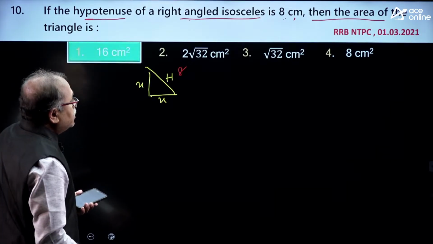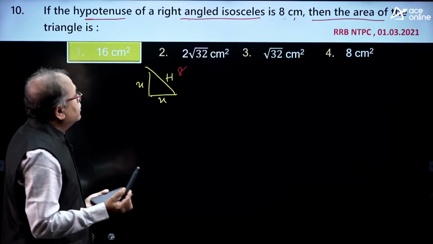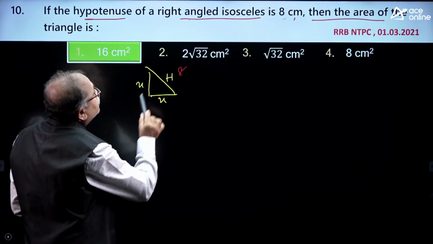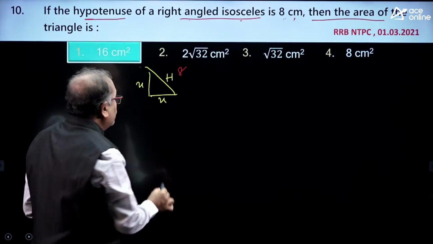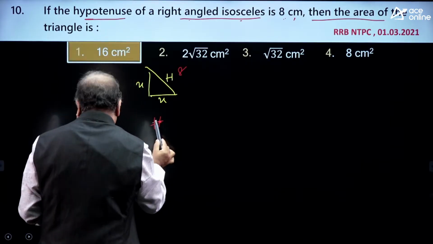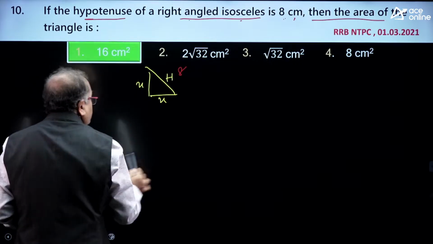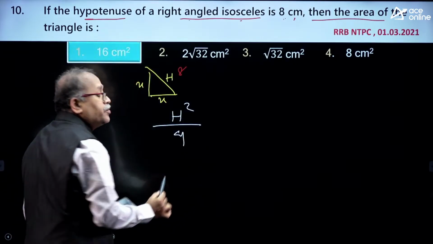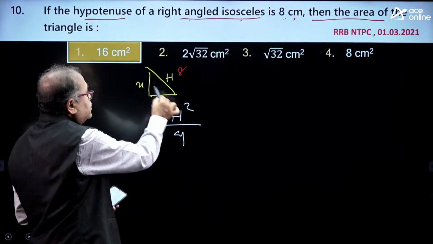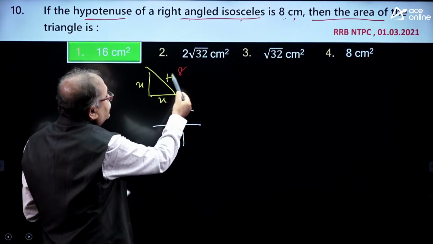So how do I answer this one? If you know that the area of a right angle isosceles triangle, and what is that? Hypotenuse square by 4. There is a small formula, hypotenuse square by 4, when this is a right angle isosceles triangle, and we have the hypotenuse, which is 8.